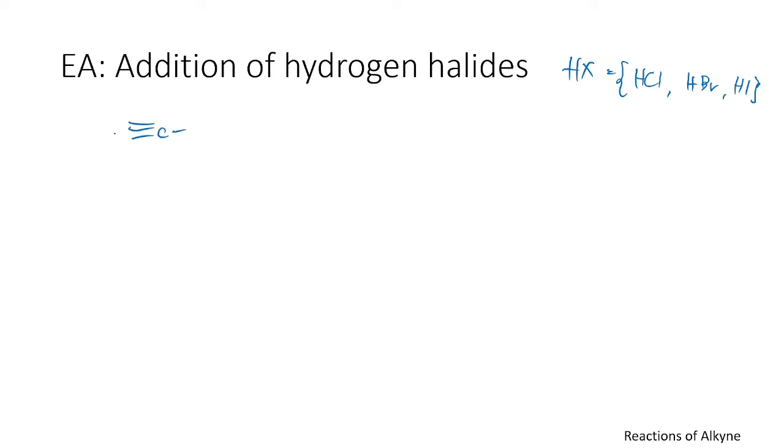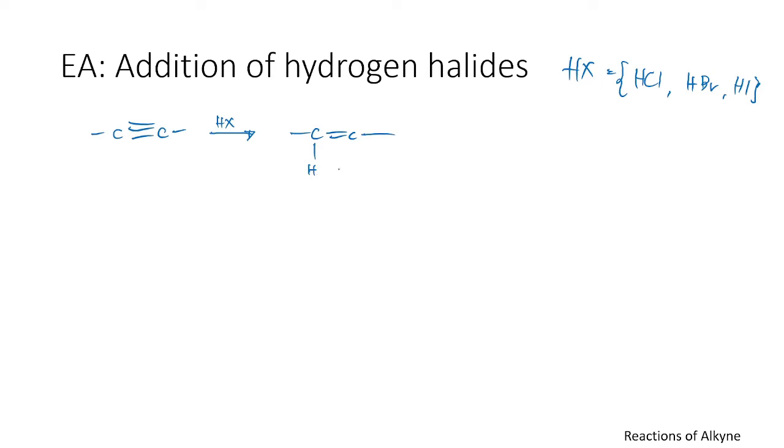If you have your alkyne and you add your hydrogen halide, say HX, what will happen here is we will have a syn addition. By syn addition, that means same side, so we are cis here.